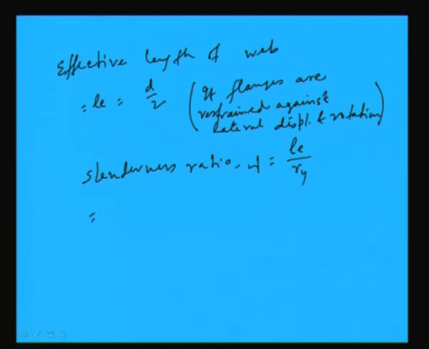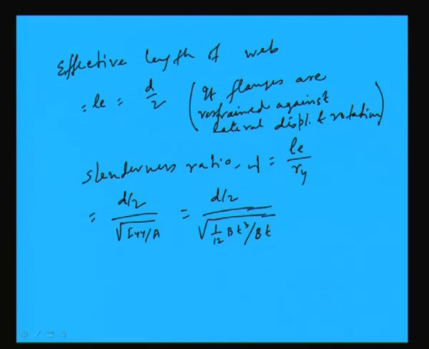LE means D by 2, and Ry is the square root of Iyy by A. Iy in this case will be 1 by 12 b t cube, and A will be b into t for this web.